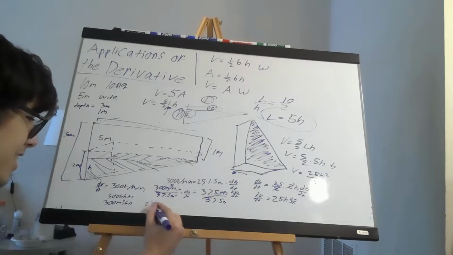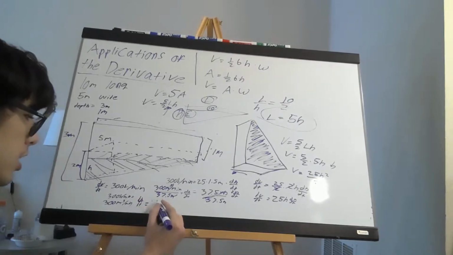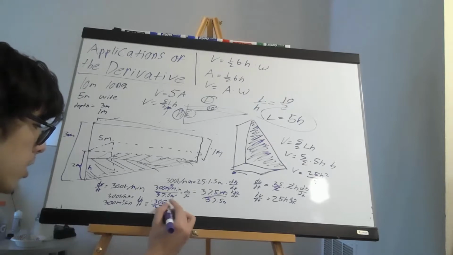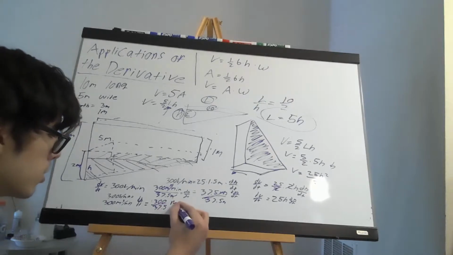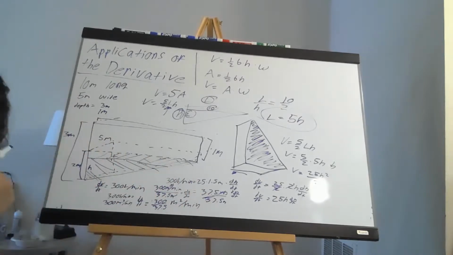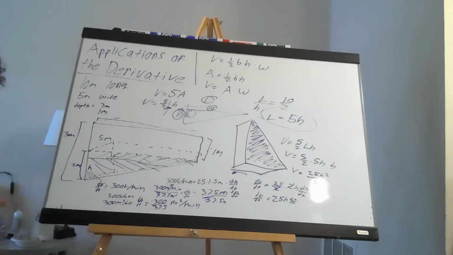So our final answer, guys, is dH dt is equal to 300 divided by 37.5 meters squared per minute. Or meters per minute. Oh, must have forgotten something.